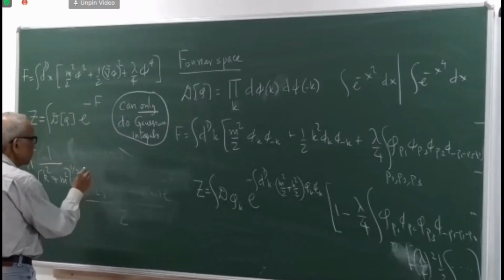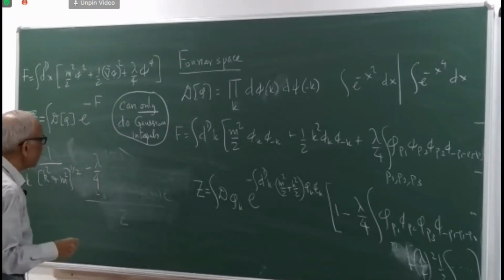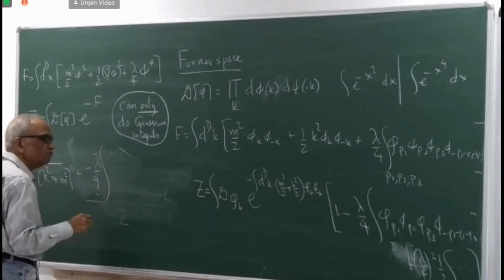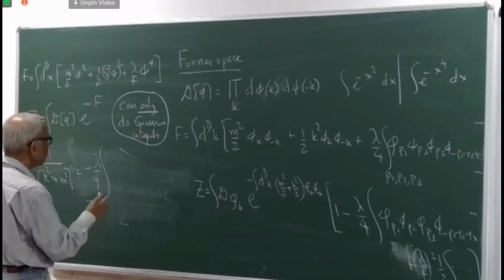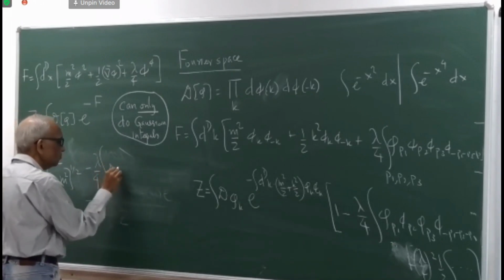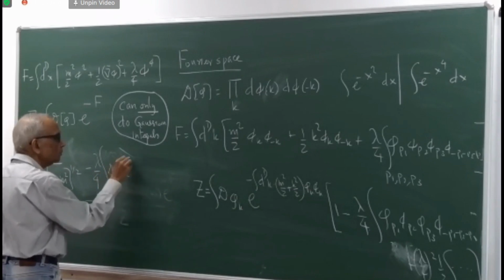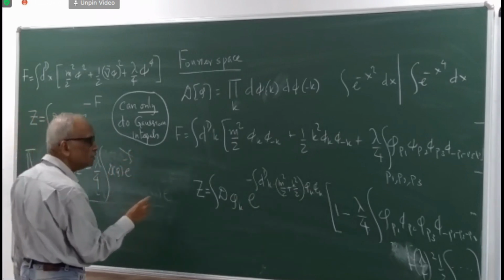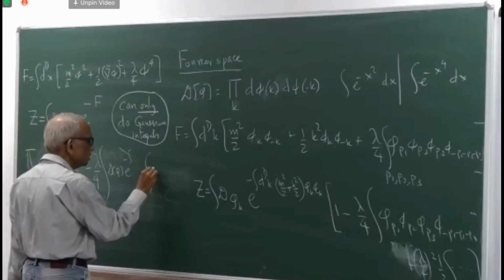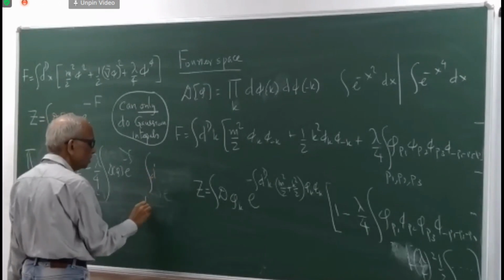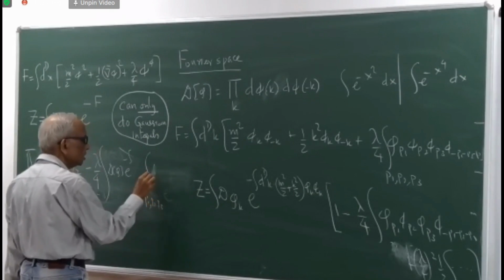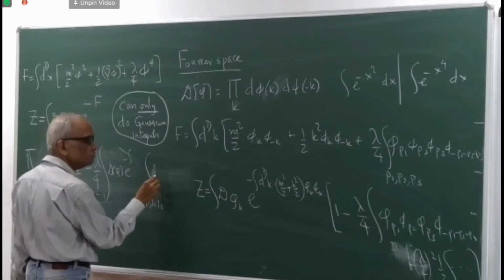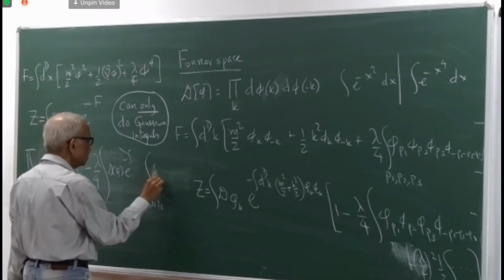So minus lambda over 4, and I have this functional integral part, which is d phi and e to the power minus whatever, and then there is the integral over p1, p2, p3.